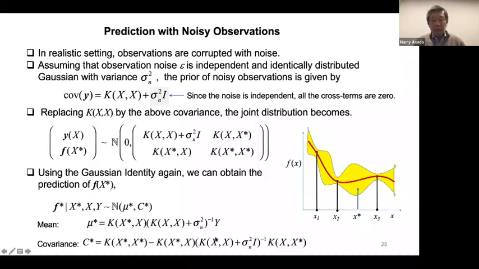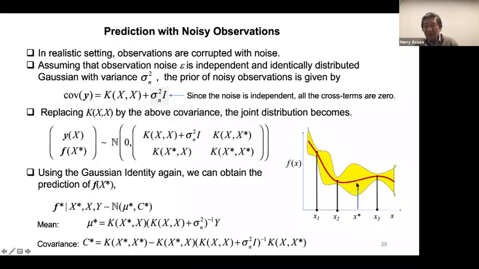Okay, same thing here. If you plot that confidence interval plot, x versus f(x), it is a little bit expanded. The mean value is shifted a little bit, and the covariance is basically expanded.